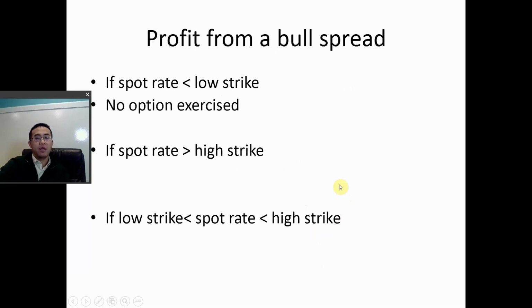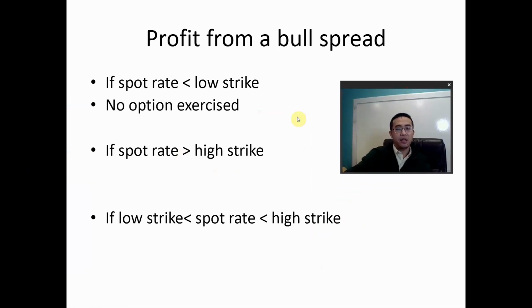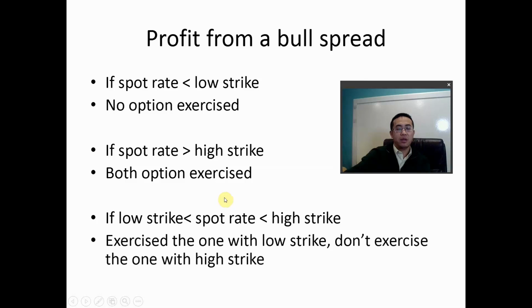So if the spot rate gets lower than the low strike, no options would get exercised. Either the option you buy or the option you write, none of them would get exercised. If the spot rate gets higher than the high strike, then both options get exercised, and you would make money from the difference of the two strike prices.